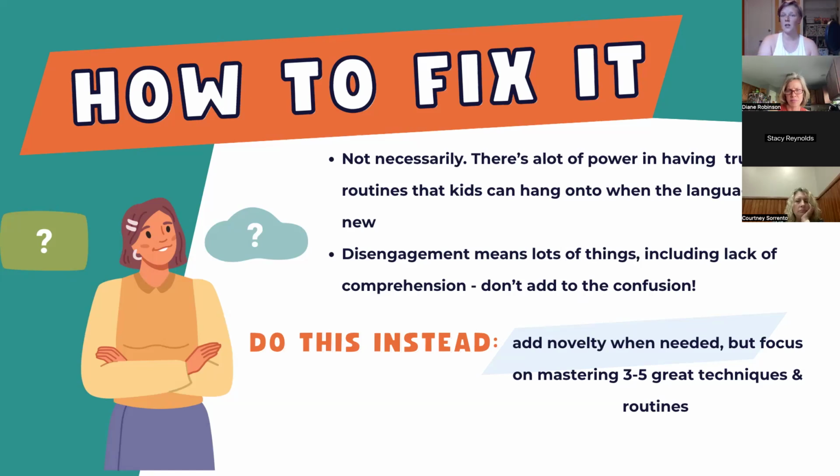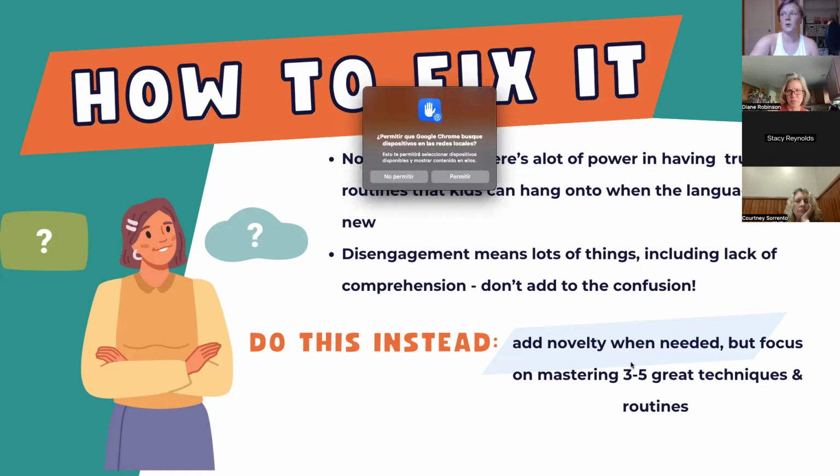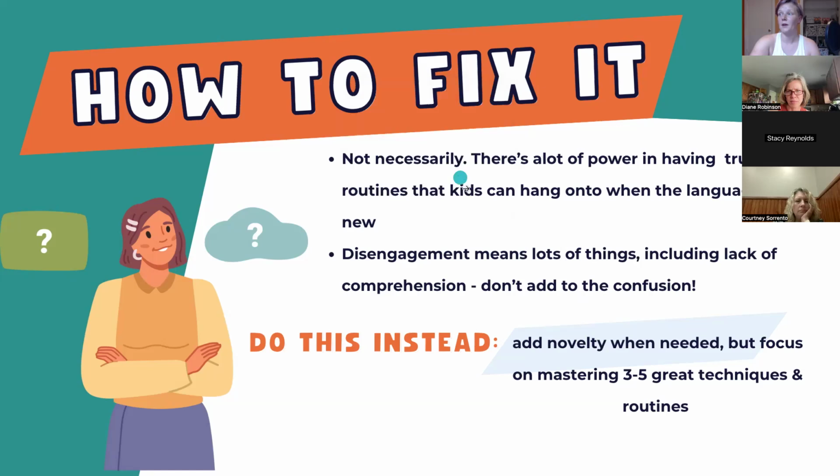Add novelty when you need it, but constantly trying new tactics might not actually be what you need to achieve the engagement that you're after. Also, note that it might not even be the activity. Disengagement means a lot of things, including like a little bit of lack of comprehension on your student's part. So you don't have to add to the confusion by saying like, we're going to try an escape room today. We're going to do something different.